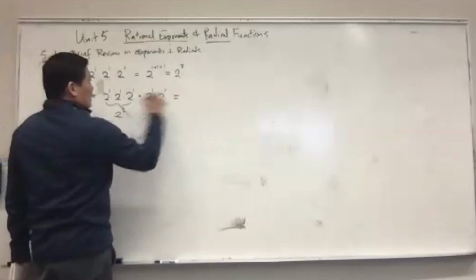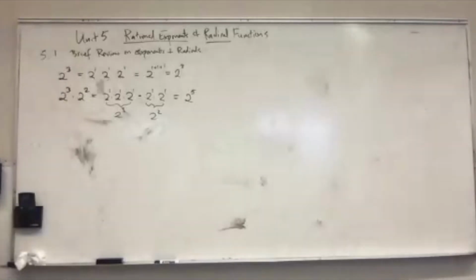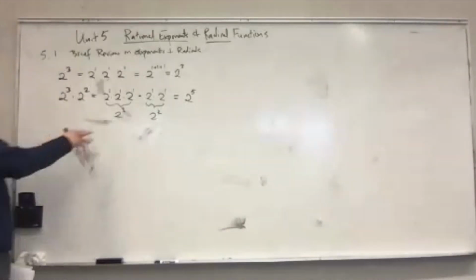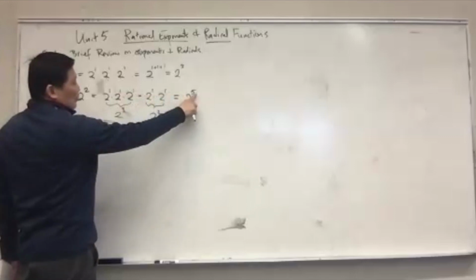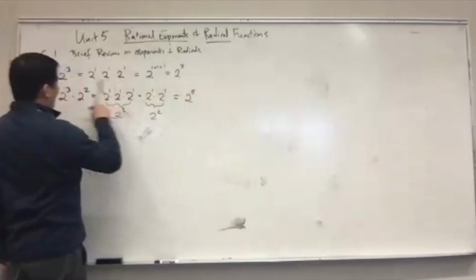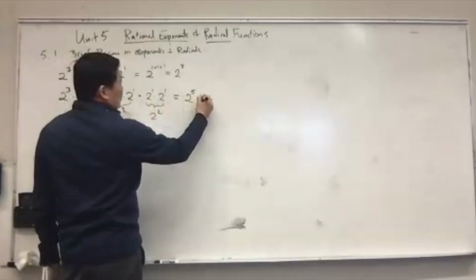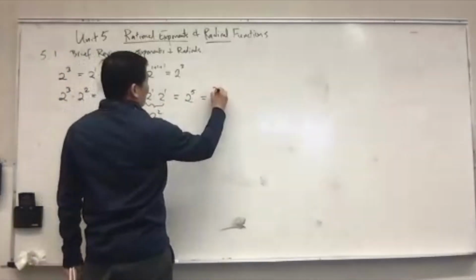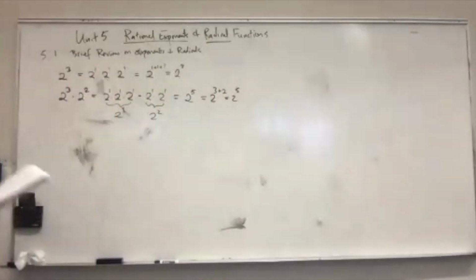So when you multiply this out, you end up with 2 to the 5th power. Looking at the relationship between 3 and 2 and 5, you can think of this as 2 to the 3 plus 2, which is 2 to the 5th power, right?